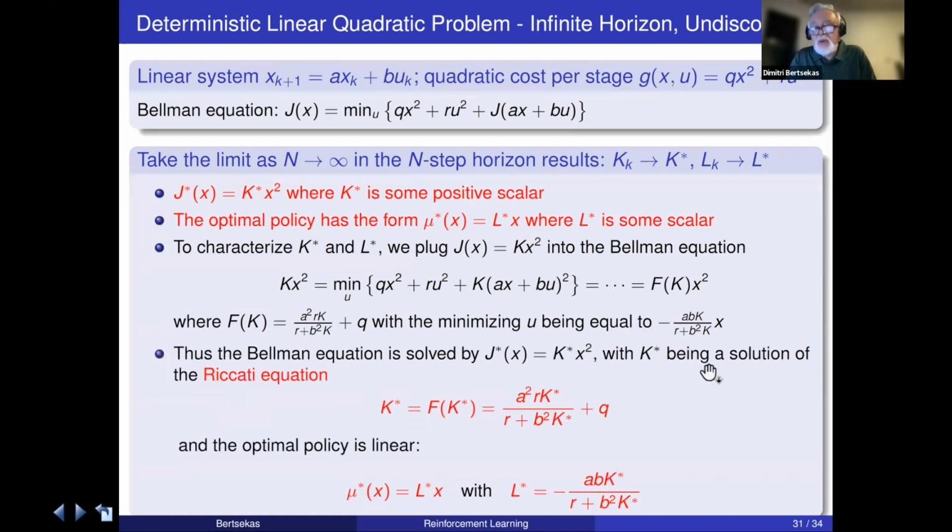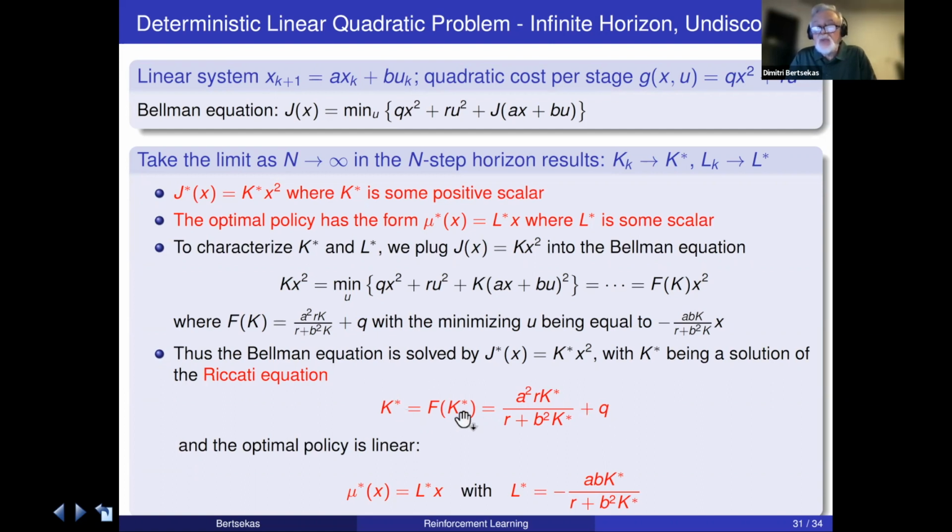So the upshot, here are the results. The Bellman equation is solved for J star equals K star x squared, with K star being the solution of this equation here, K equal to F of K. This equation is famous, has a name. It's called the Riccati equation, named after an Italian count from the 17th century who invented the Riccati differential equation, and this is the discrete version of the Riccati equation from differential equations.